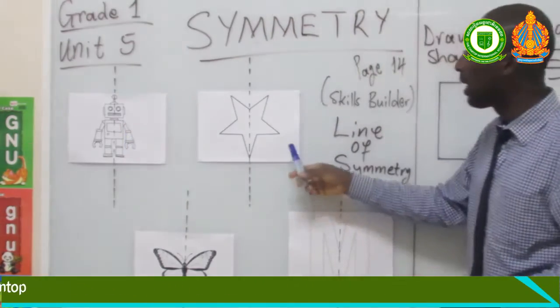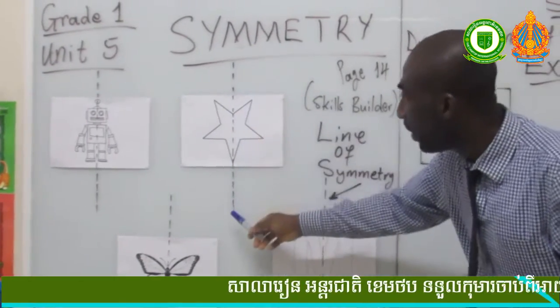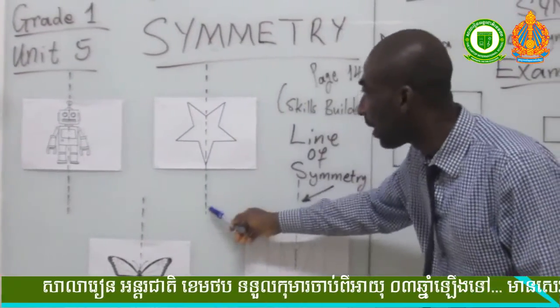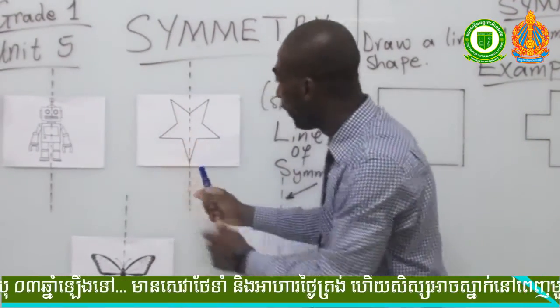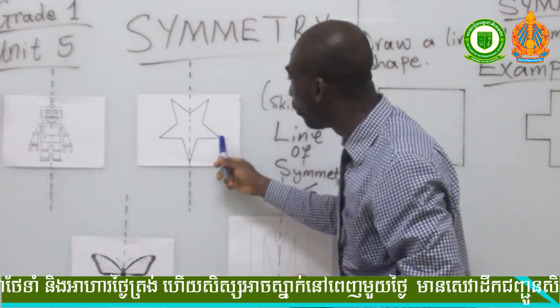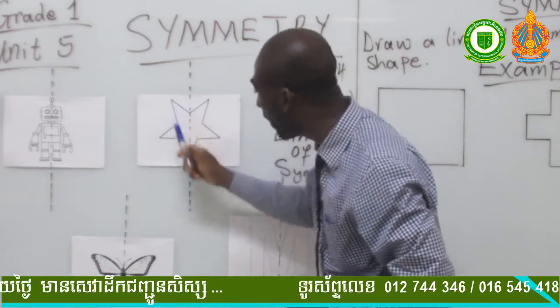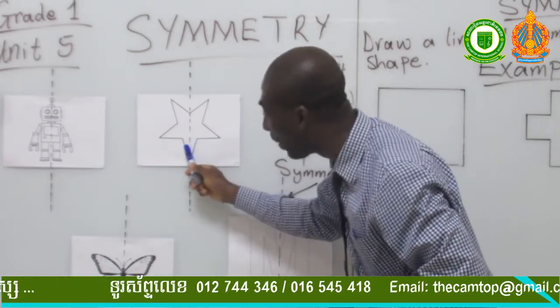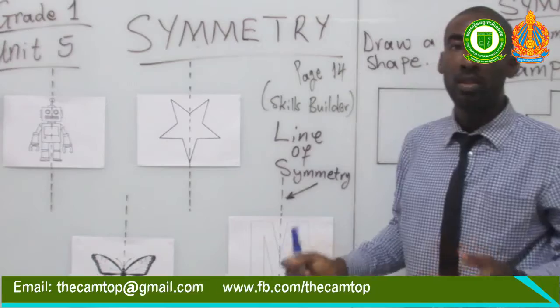Okay, let's look at our star. We have our line of symmetry here going through our star. It means when we close this star, this portion is going to sit on this portion, and then this portion will sit here, and then this half will sit on this half. So it makes this line of symmetry correct.